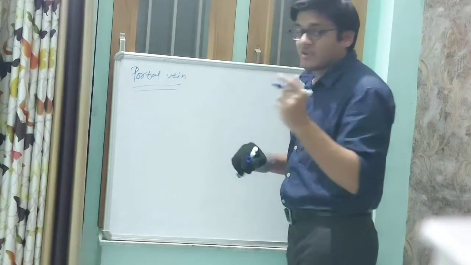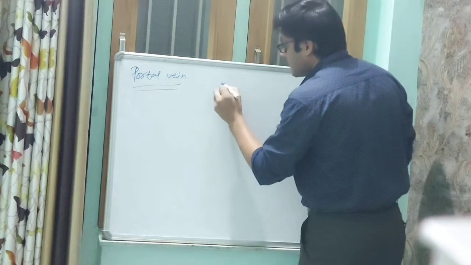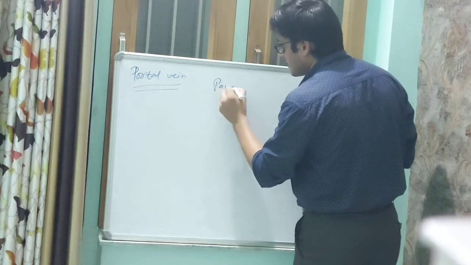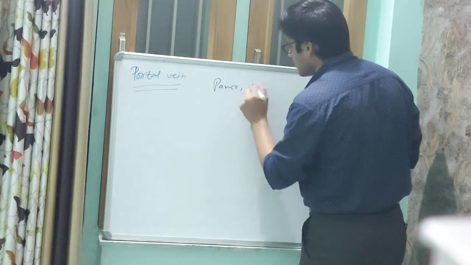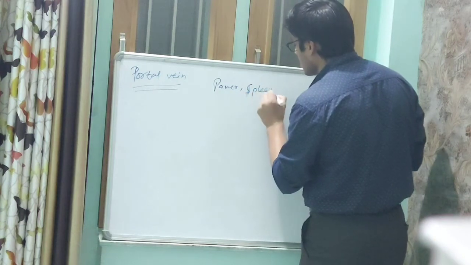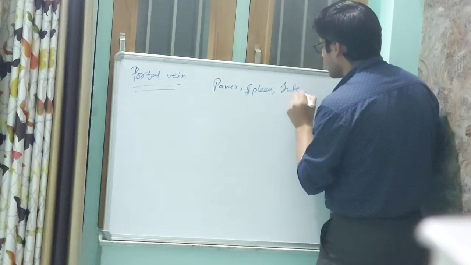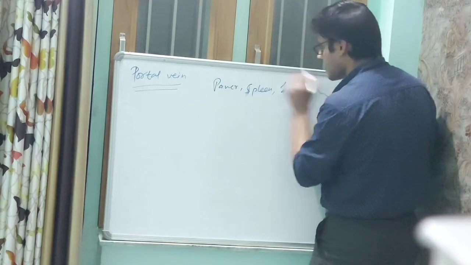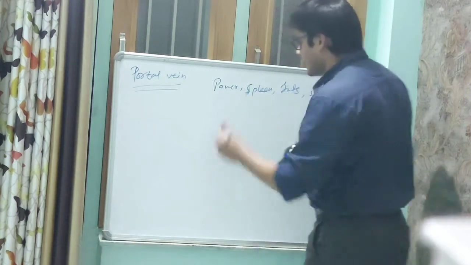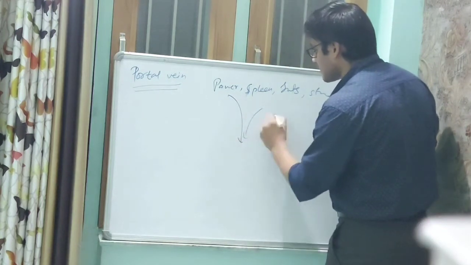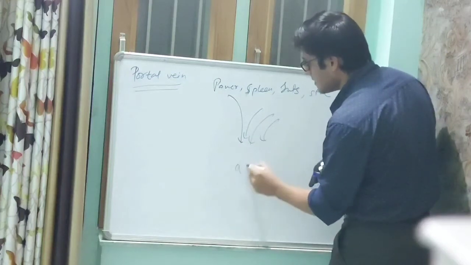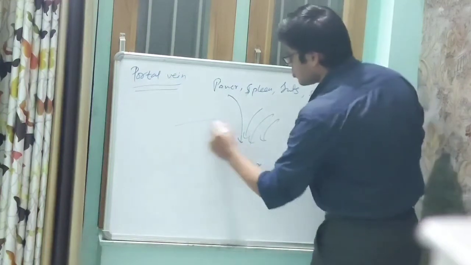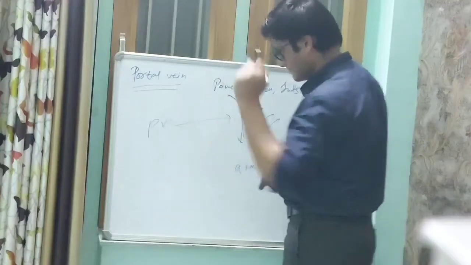All the nutrient rich blood, I am saying nutrient rich blood, from the pancreas, the spleen, the intestines, the stomach are together drained into the liver through the portal vein.